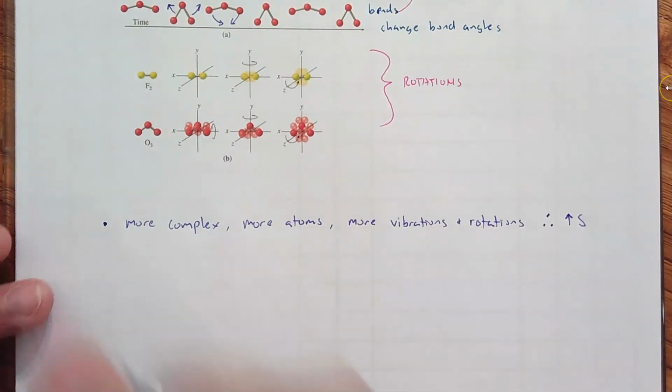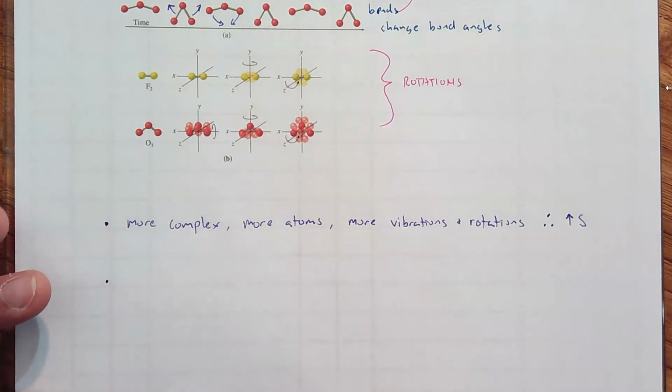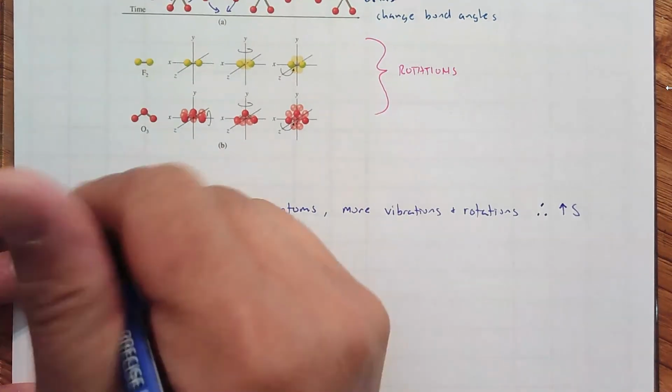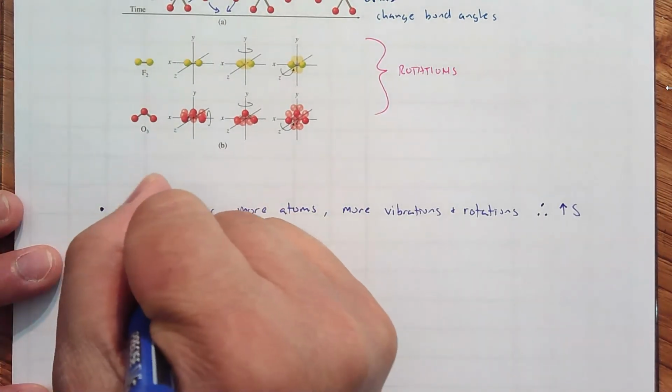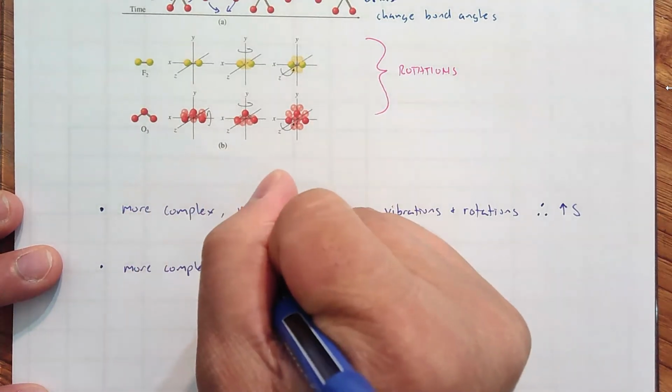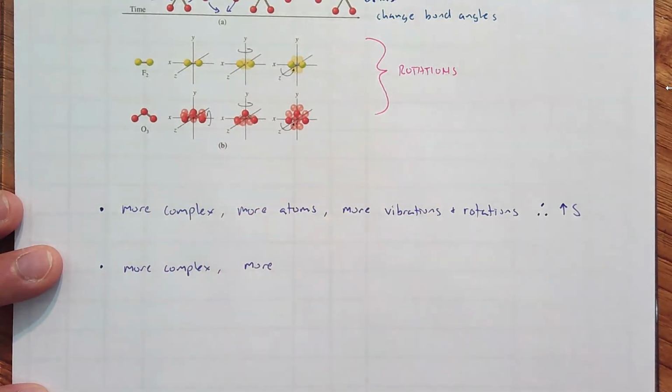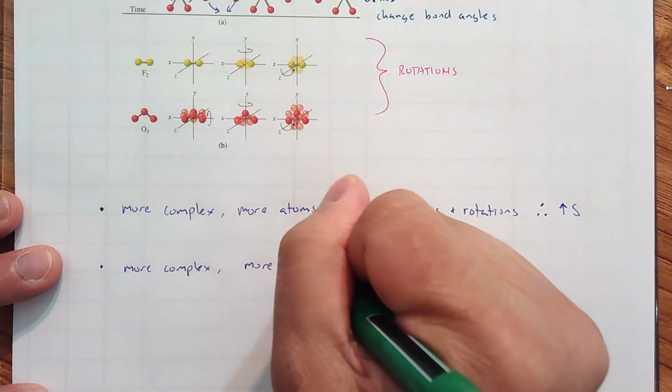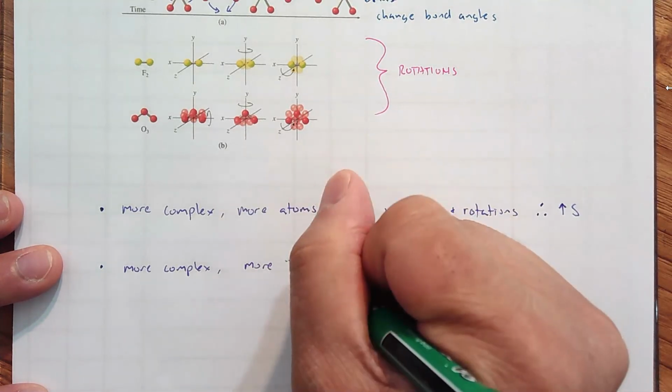What else do I want to say? You may hear the term degrees of freedom. The more complex you are, the more degrees of freedom you have. It's just different ways to arrange the atoms.